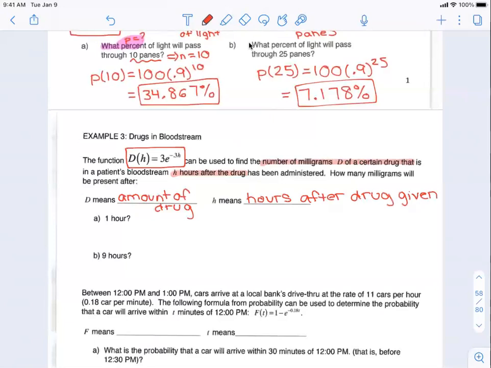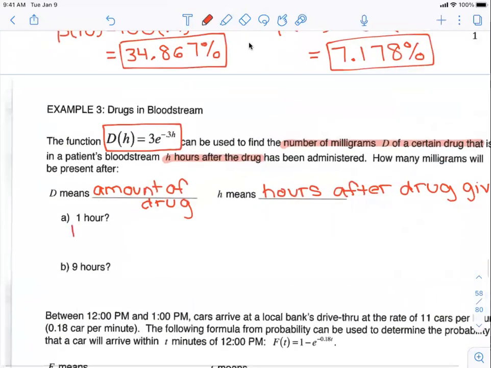And then go ahead and figure out what I'm solving for. It says, so after 1 hour. So 1 hour is talking about H. They're telling you H is 1. So you're going to go to your equation and you're going to plug in 1. Again, the problem is not hard because they've given you the equation. You don't have to write it. And when you get it, you should get 2.22 milligrams.